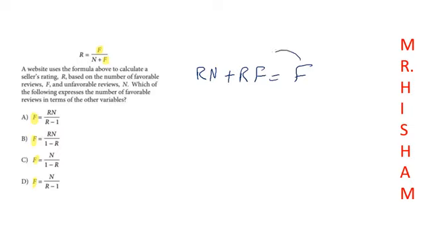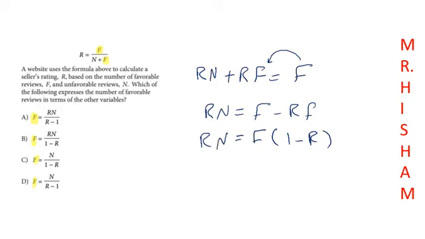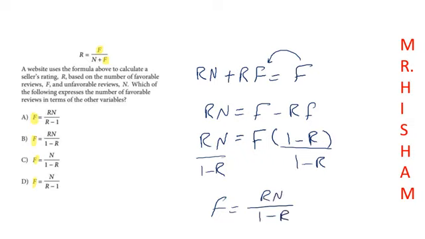I'm going to move this rf to this side. So rn is equal to f minus rf. By taking f as a highest common factor, it's f times 1 minus r. And here is rn. So I'm going to divide both sides by 1 minus r. So f is equal to rn over 1 minus r. So the right answer is B.